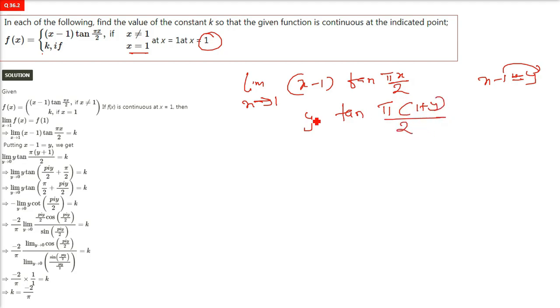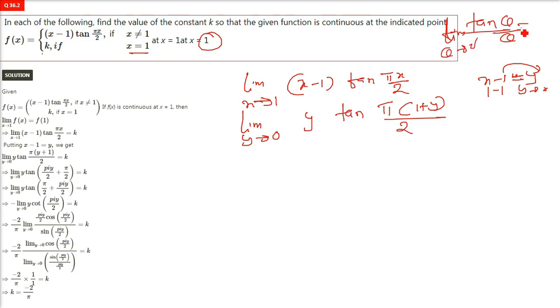Now the limit will change: because x tends to 1, y tends to 1 minus 1, that is 0. So limit y tends to 0. And we know that tan theta by theta, limit theta tends to 0, is going to be 1. We have already seen that, but are we going to get the exact result?